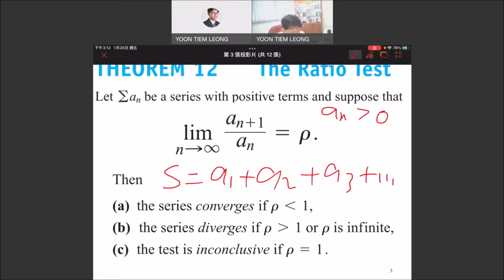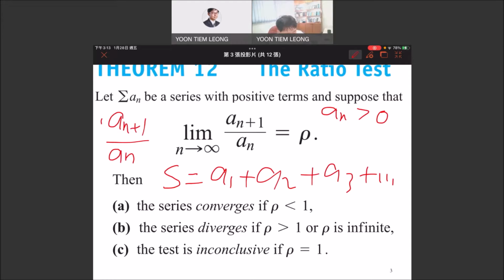So you take the ratio a_(n+1) divided by a_n, and then take n to infinity. This ratio compares the next term in the series with the term before it.